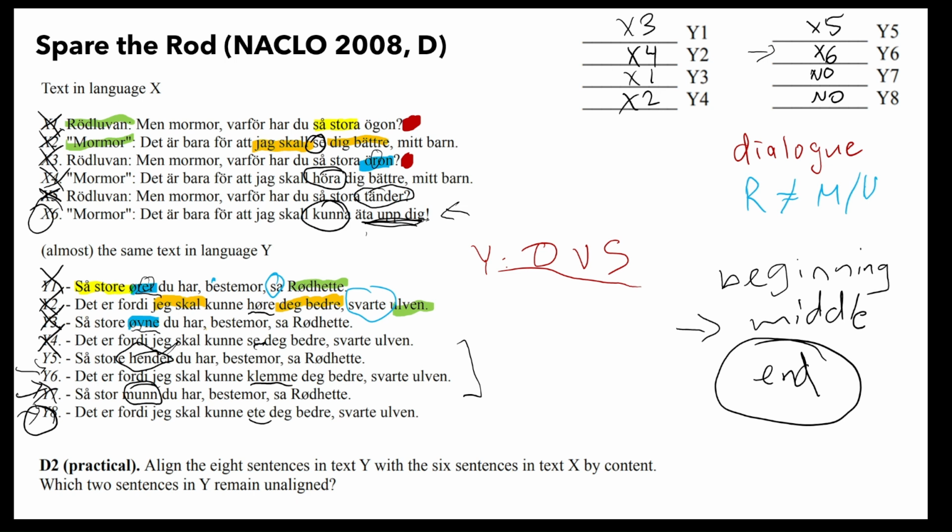So I feel like for me personally, you're welcome to keep your answer the same. I think that Y6 will not match up with anything, and Y7 doesn't match up with anything, and X6 matches up with Y8.